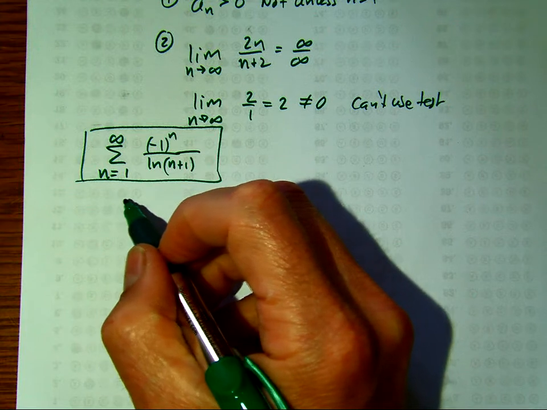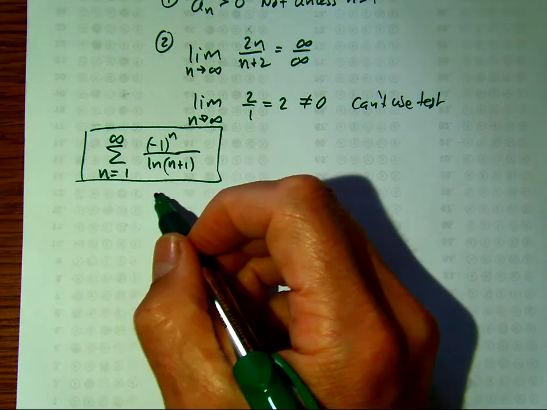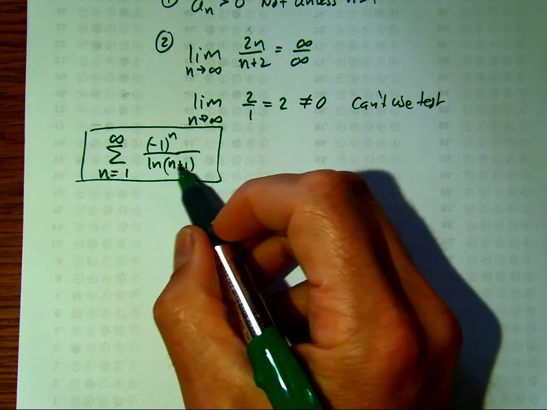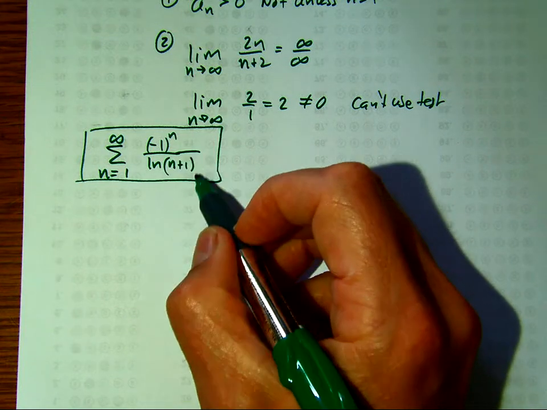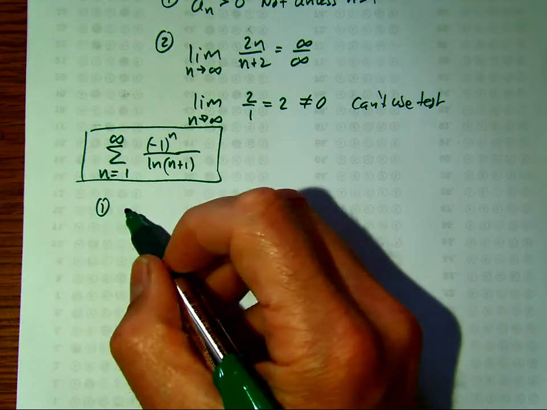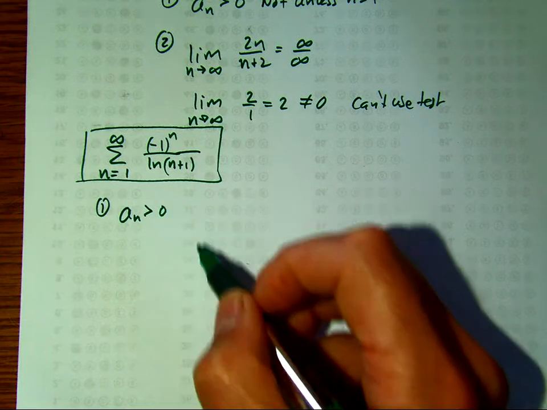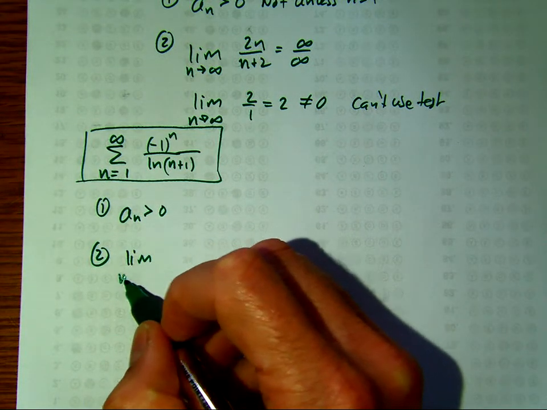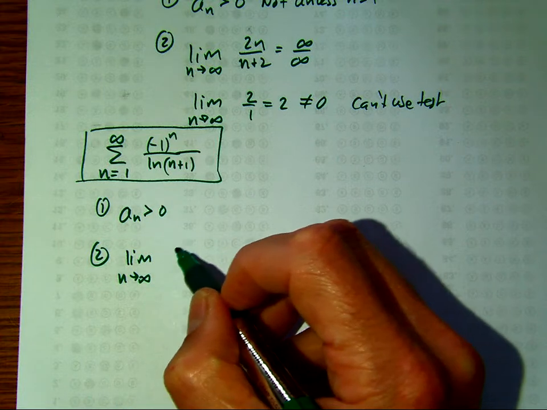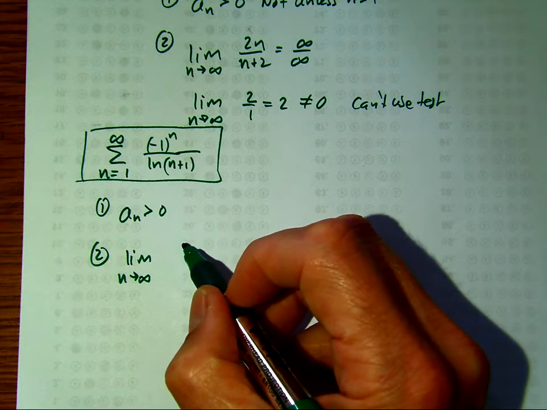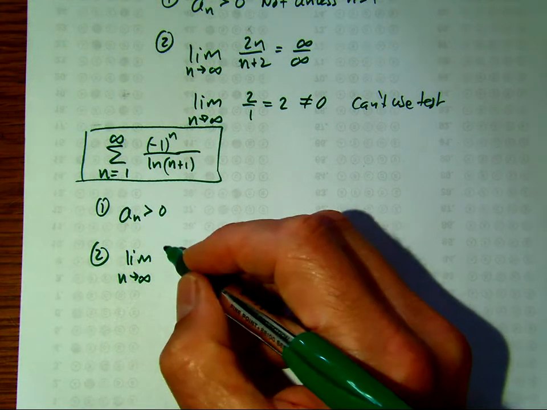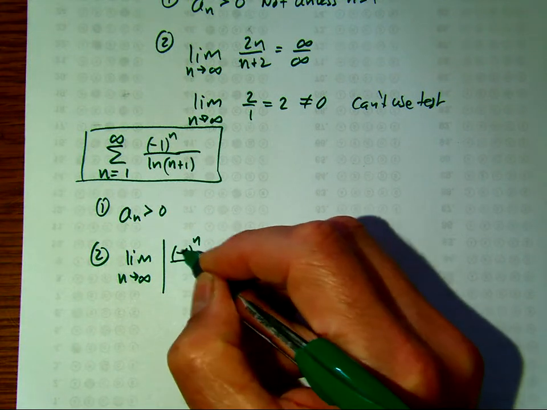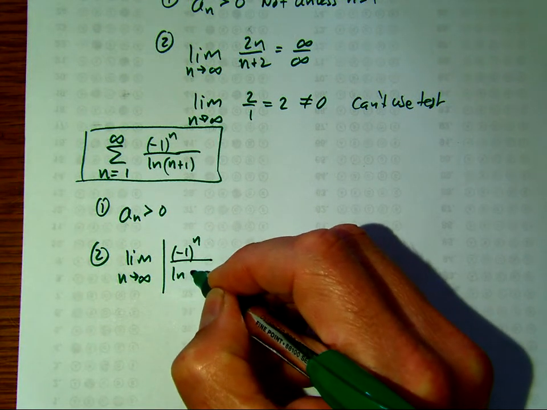So let's see what's happening to the sequence. If we put a 1 here, that's positive. Put a 2 there, that's positive. We have a 1 on top, so we know it's positive. The sequence is positive. What's happening to the limit? When I wrote it, I wrote absolute value, and all that does is get rid of the negative 1.